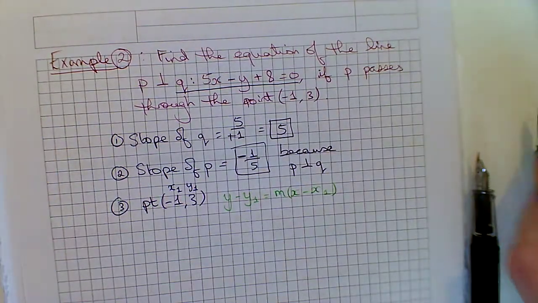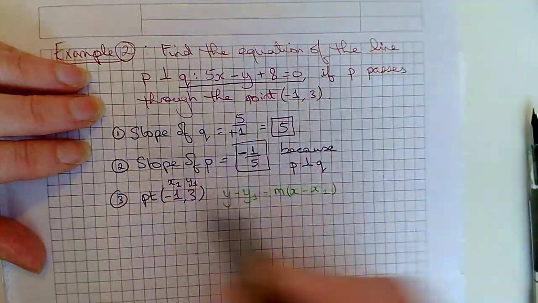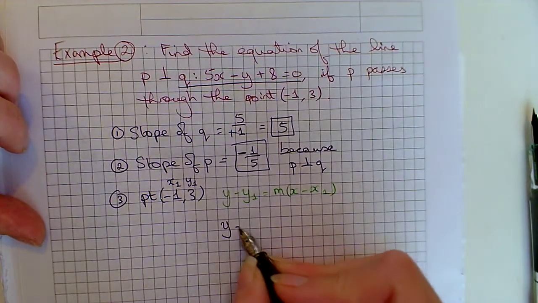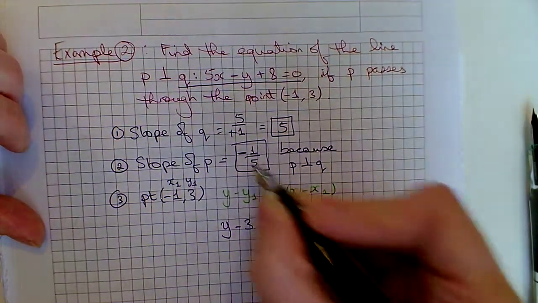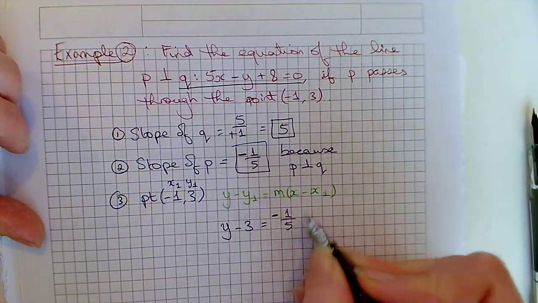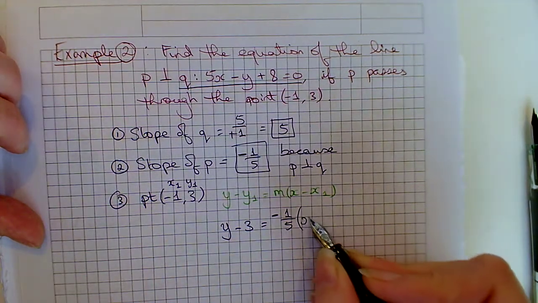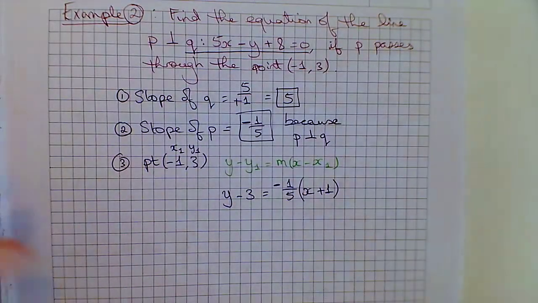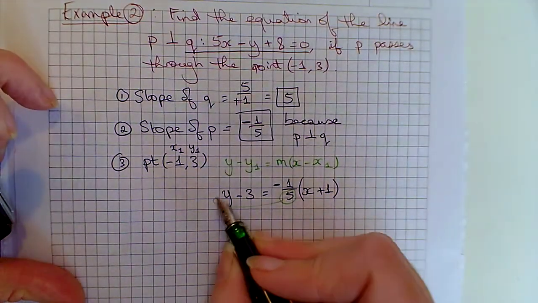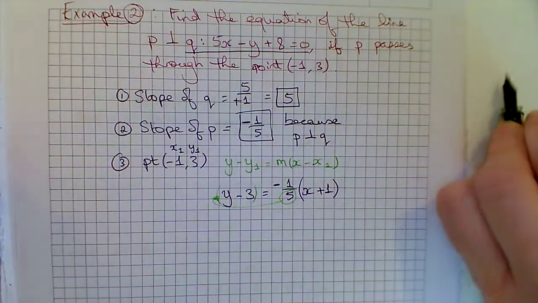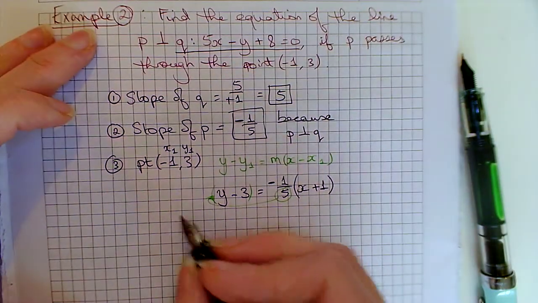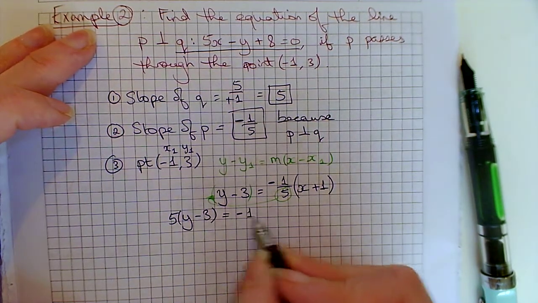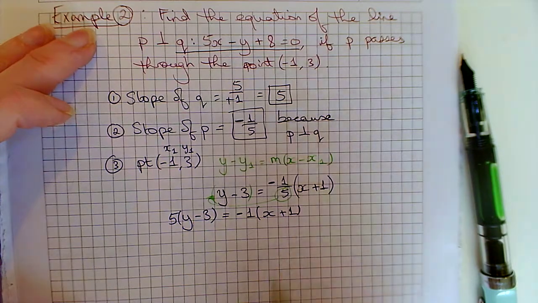It seems like a lot of work, but it's very doable. You do have this extra step to find the slope, and after that, you're just doing the equation of the line. y minus y1, y minus 3 is equal to m, minus a fifth, by x minus x1. Minus a minus 1 is plus 1. Then multiply across by 5 to get rid of the fraction, or shortcut, multiply the y side by the denominator and the x side by the numerator. So 5 bracket y minus 3 is minus 1 bracket x plus 1.